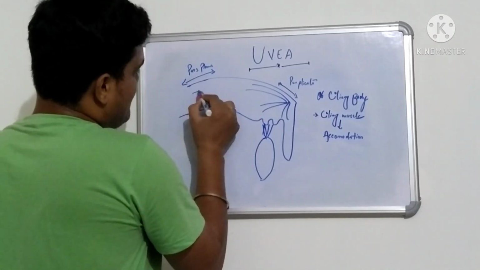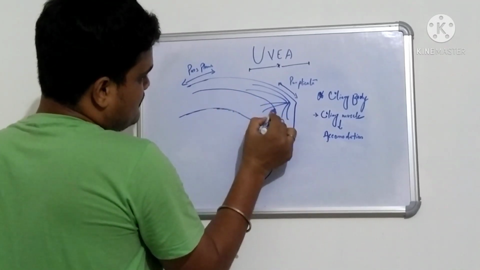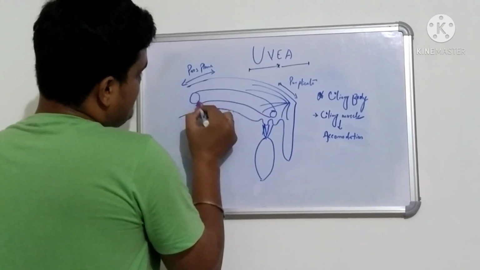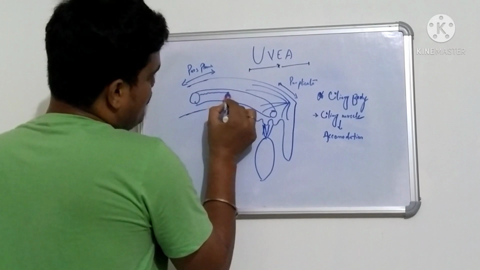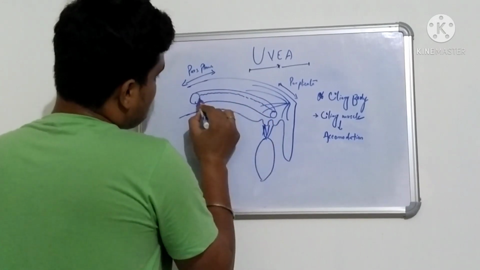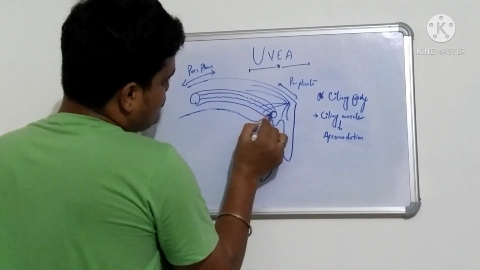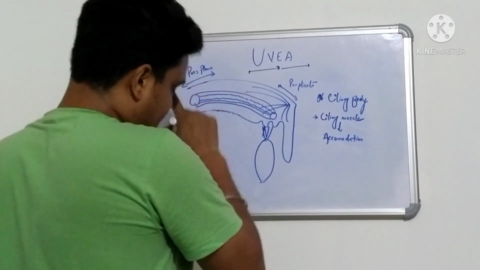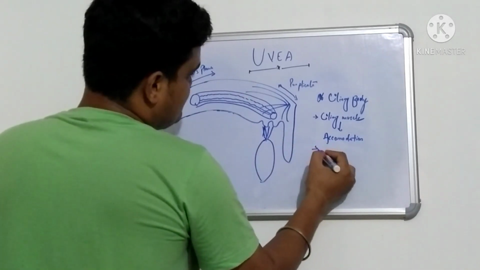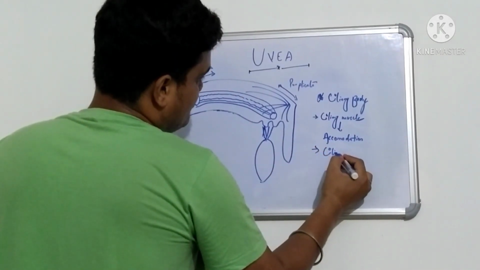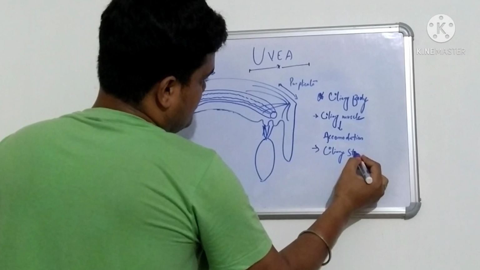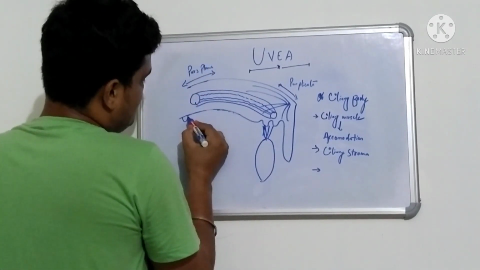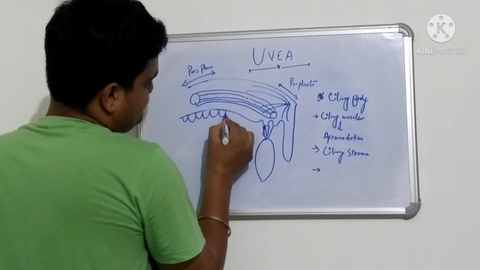The second part is the ciliary stroma. The ciliary stroma consists of collagen fibers which help in the production of aqueous humor by the sodium potassium channel. And the last one is the ciliary epithelium.